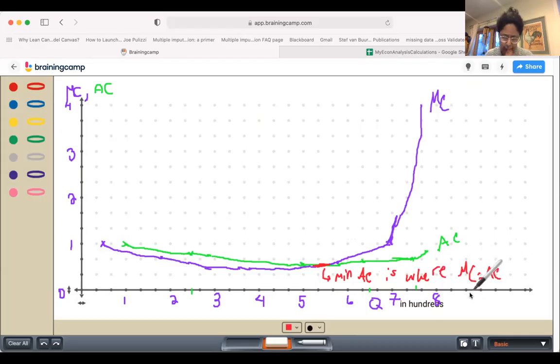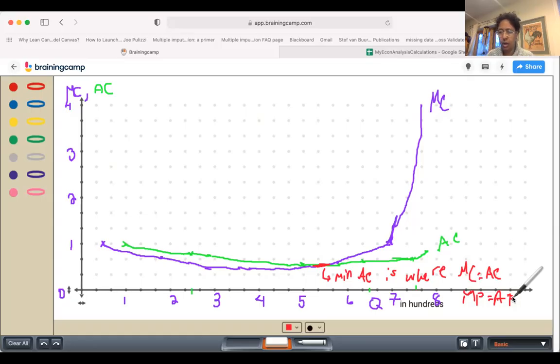Remember, that reflects that the last person you hired is just as productive as the average of the persons that you've hired before. Thereafter, diminishing marginal product is going to mean marginal product is less than average product, going to keep dragging down the average product. And what that means is it's going to be dragging up the marginal costs.